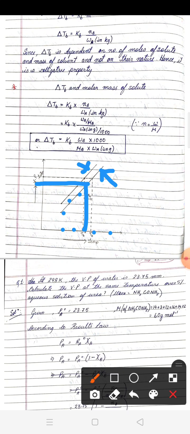Why will it not start boiling? Because boiling point will be the temperature when it is equal to atmospheric pressure, and this is the temperature where it is atmospheric pressure. So we need to increase the temperature further, and at this temperature you can see it is equal to the atmospheric pressure, and that is the temperature at which the solution will start boiling. Now this difference is called elevation of boiling point.